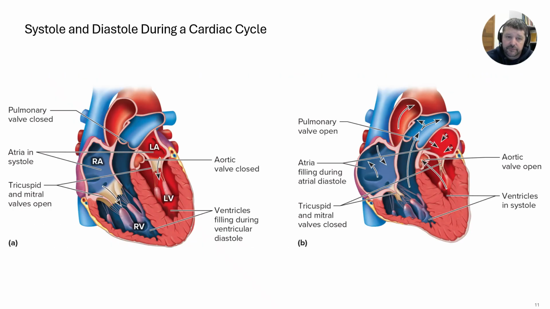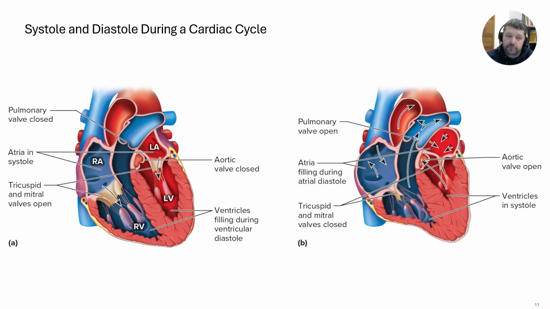So let's look at that. You have an initial SA node contraction here, forcing that 30% from the right atrium to the right ventricle through the tricuspid valve. On the opposite side, the left atrium is forcing the blood through a contraction to the left ventricle.